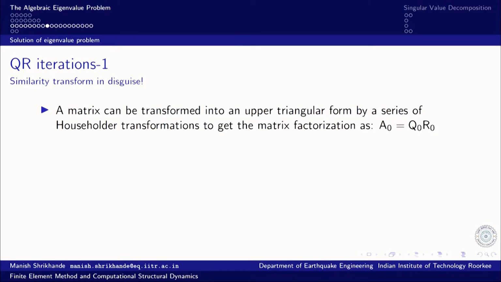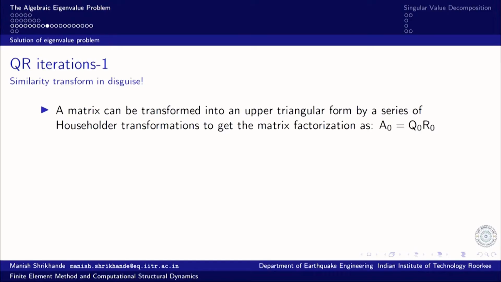R, because this is a matrix on the right of the matrix Q, and it has a triangular structure. So, matrix Q is actually generated from A such that the entire system reduces to an upper triangular matrix. A matrix can be transformed into upper triangular form by a series of Householder transformations.